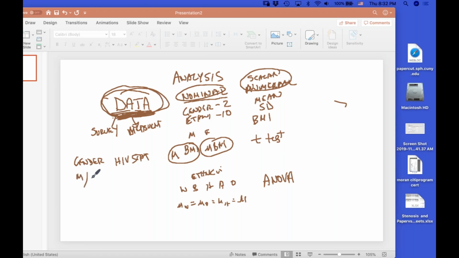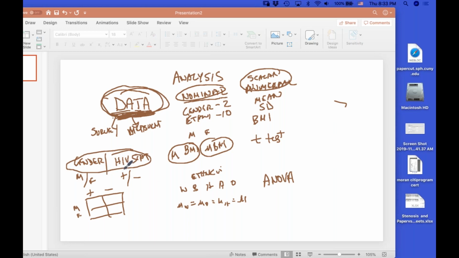Gender is male or female. HIV status is positive or negative. So in that case, we would set up a contingency table where we have gender, male and female, and HIV status, positive or negative. And we would be comparing these two nominal variables.